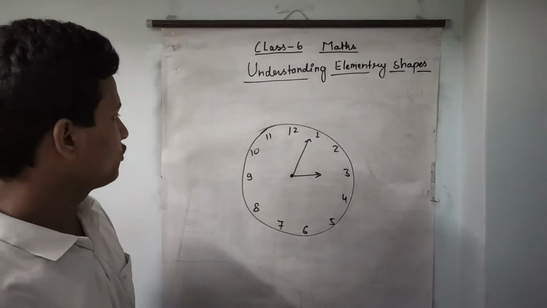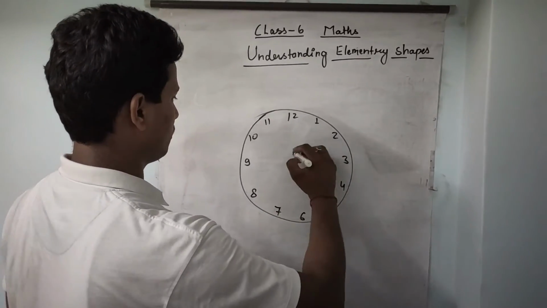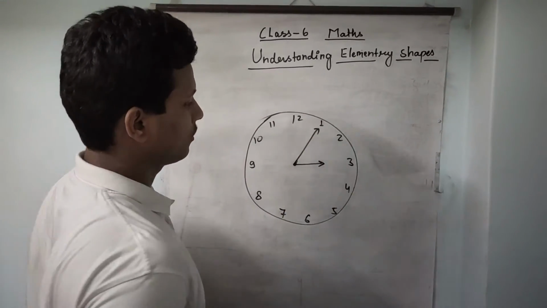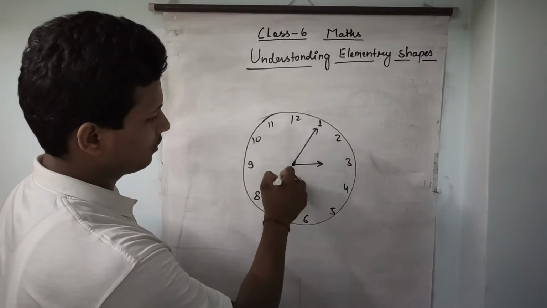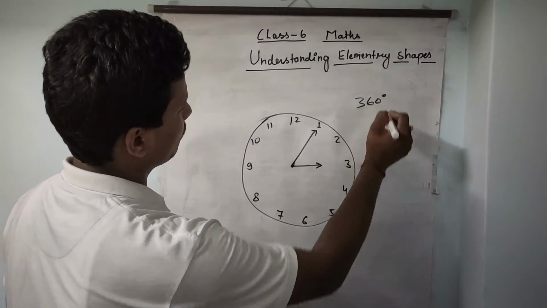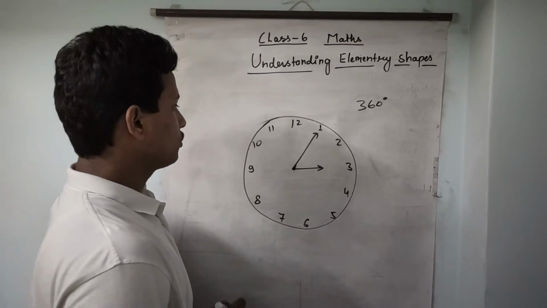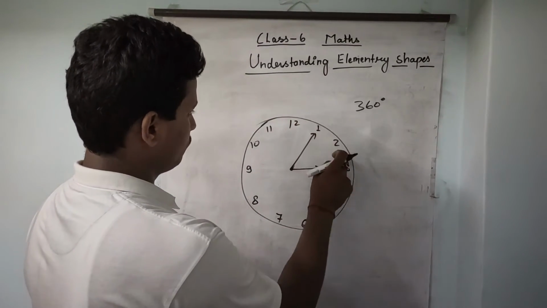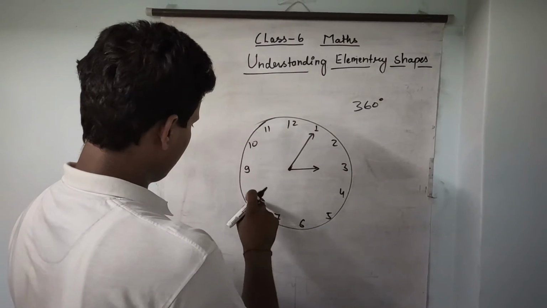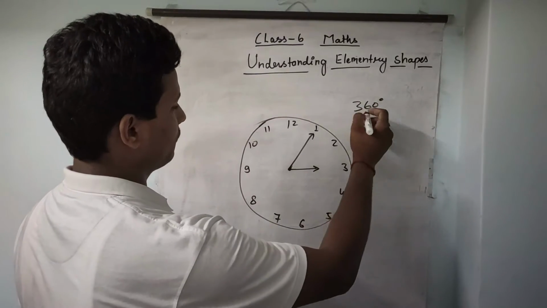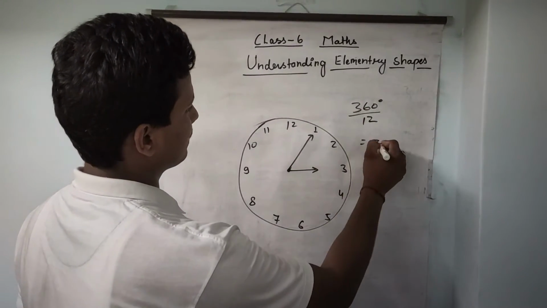Suppose this is the time shown by a clock. For the whole angle we have 360 degrees. There are 12 parts, so if we divide 360 by 12 we get 30 degrees.